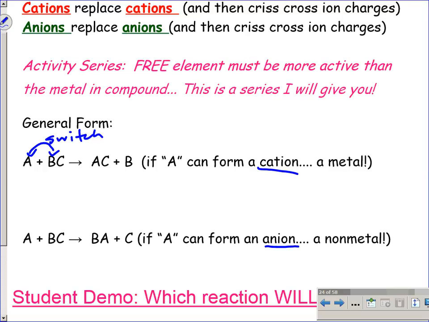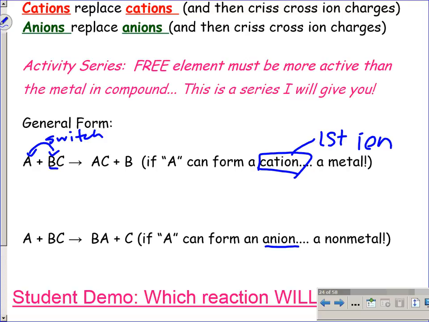Why can't A move around with C? When you have a cation, where's the cation always written in a formula? The first one or the second one? First one. It's always the first ion in a compound, not even element, because that's a little misleading. So that's why it replaces B and not C.